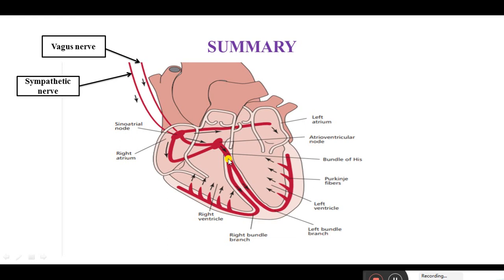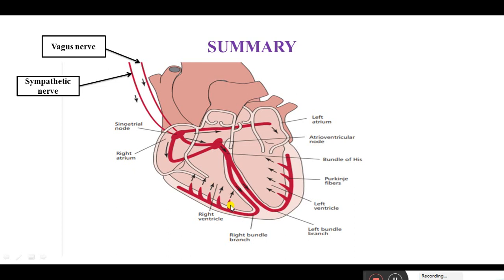As the two atria contract and the two ventricles are completely filled with blood, the AV node releases the impulse down, which branches into the right and left bundle branch, each routed into the ventricular myocardium and ending in finger-like projections called the Purkinje fibers.